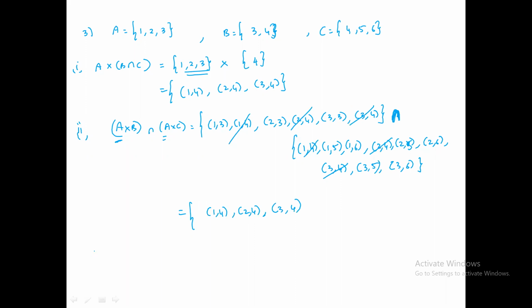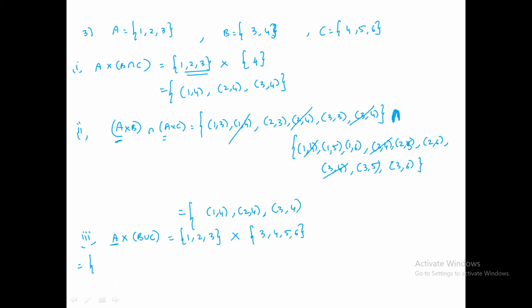Next, we will take third one. What is the third one? A cross (B union C). So first I will write A, then cross B union C. I'll take B, then C. Now I have to take cross.